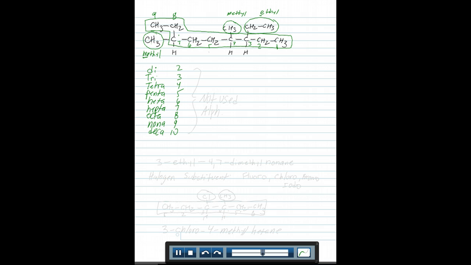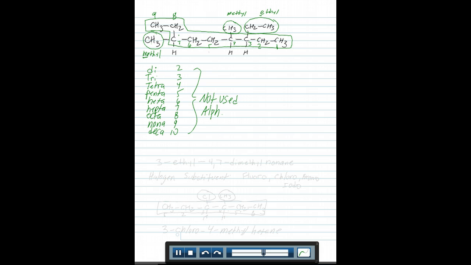Now, these are not used alphabetically when you name them. Okay, again, just another rule. There's a lot of rules. Alright, so when you name the methyl group, you don't alphabetize the di part of it in comparison to the ethyl. You compare the methyl part of it to the ethyl.